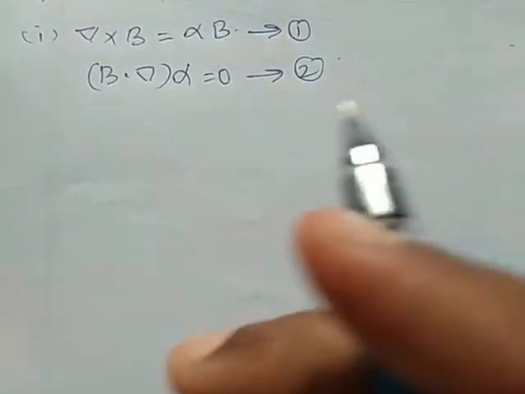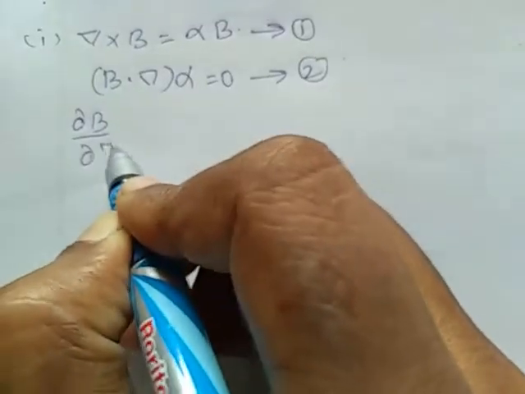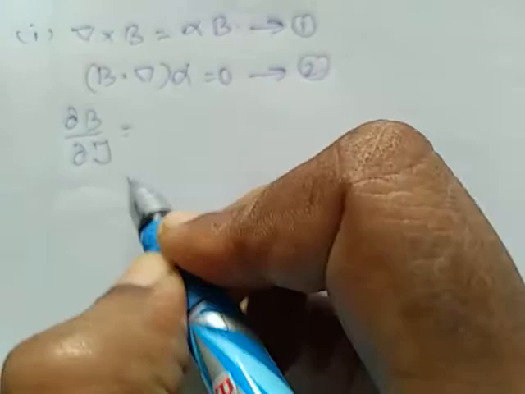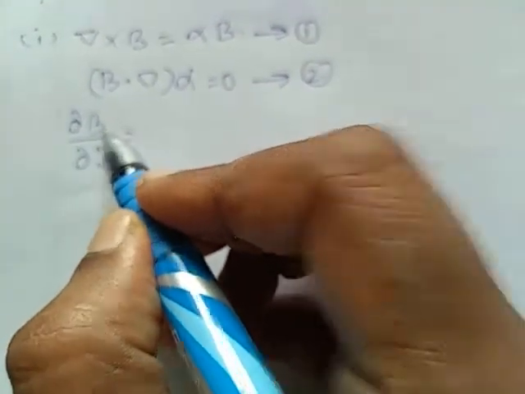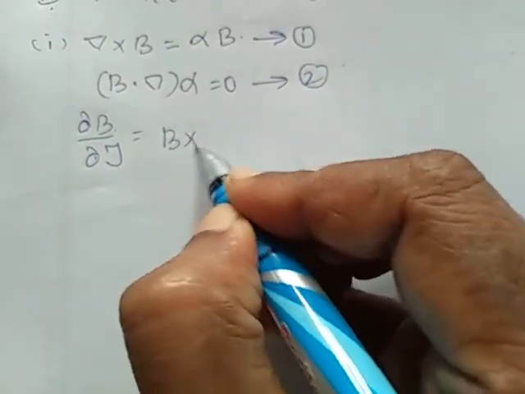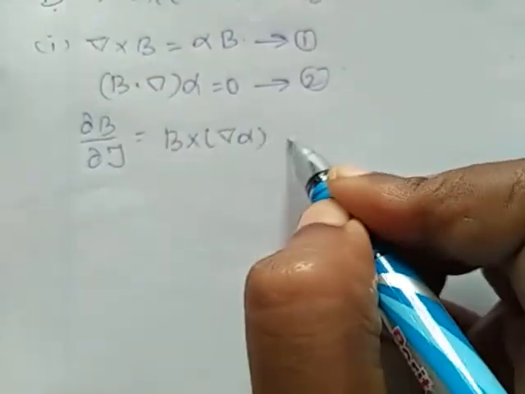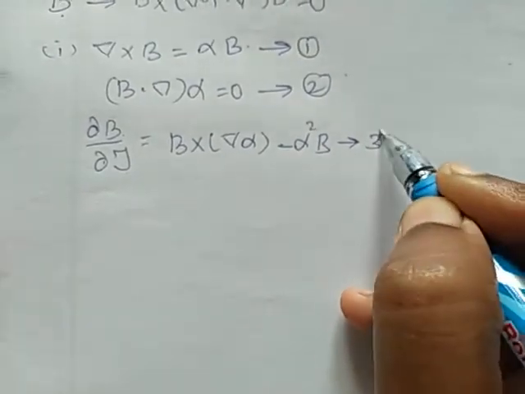This is our second condition. Also, we have derived that dou B by dou tau, where tau is mu m into t, small t, the time, is B cross del alpha minus alpha square B. This is our third condition.